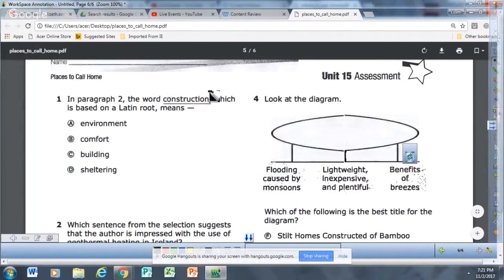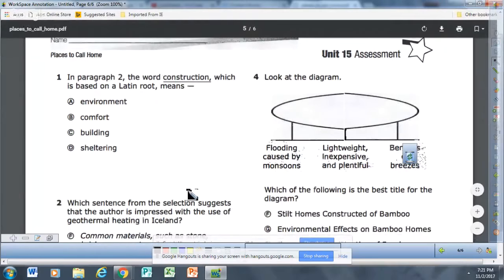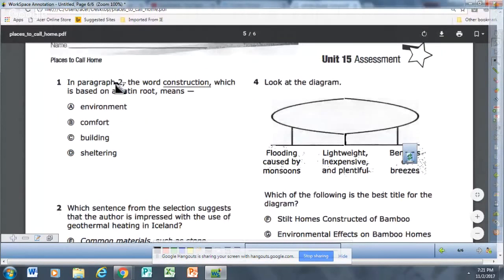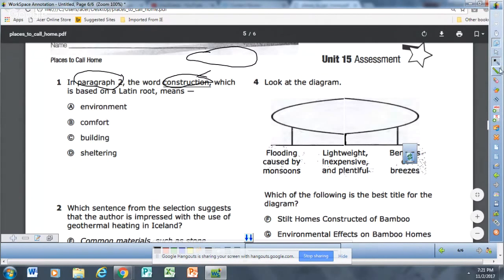I'm not going to be switching it back and forth because this doesn't for some reason limit how long I can lower this with these tools. But again, you should have circled paragraph 2, construction, and then over here on the side, written your definition for construction. So we're looking at paragraph 2 and trying to figure out what it is.